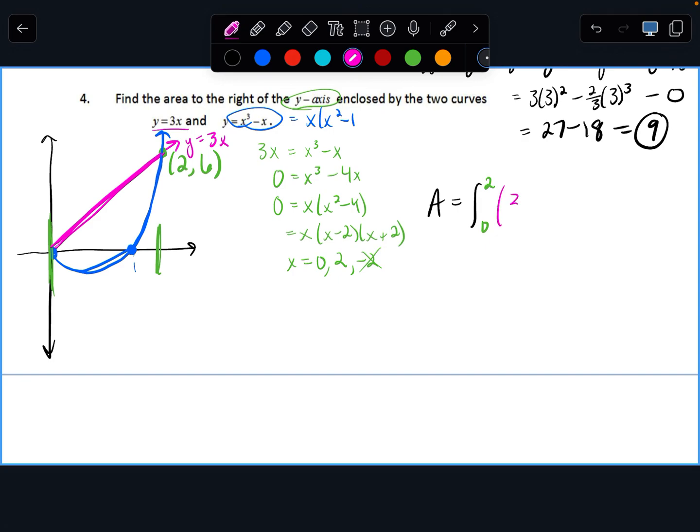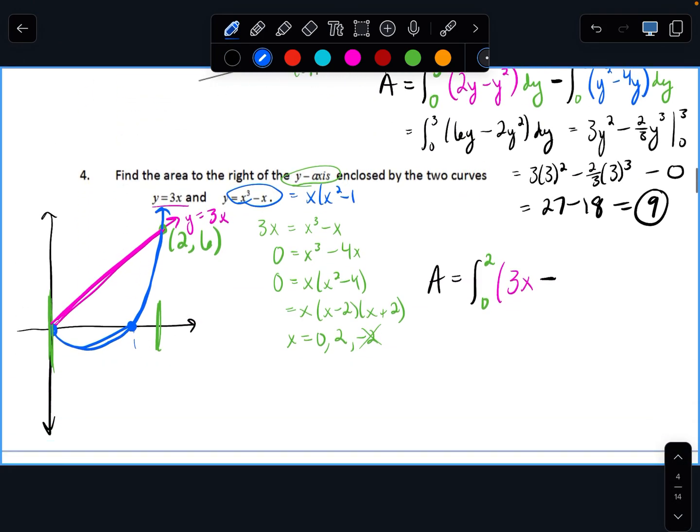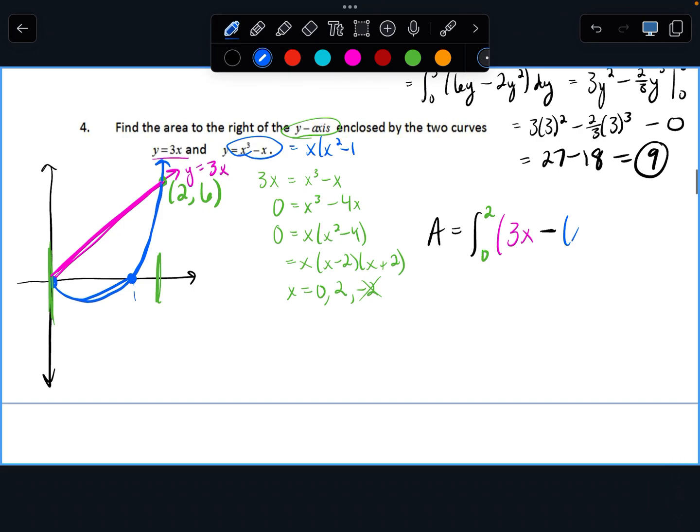But you're going to take the area under 3x minus the area under parentheses x cubed minus x. So you could put them together right away if you want, or start with them separate. And then you integrate it. Okay.